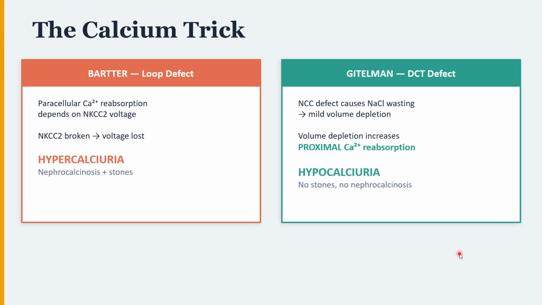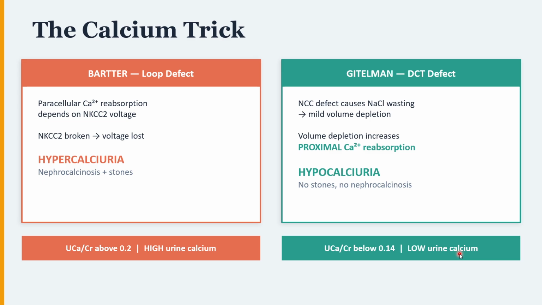Now, in Gitelman, the NCC defect in the DCT causes sodium chloride wasting. This leads to mild volume depletion, and that volume depletion actually increases proximal tubular reabsorption of everything, including calcium. So, less calcium reaches the distal nephron and the urine. The result? Hypocalciuria. No stones, no nephrocalcinosis.